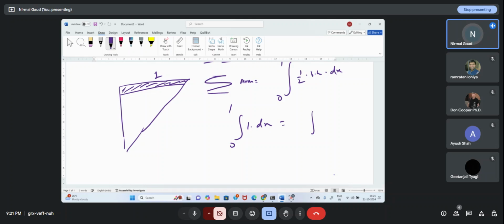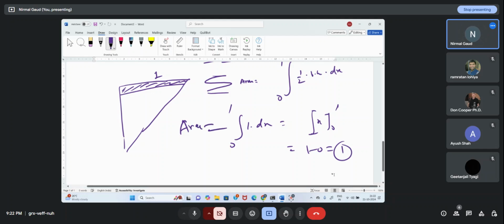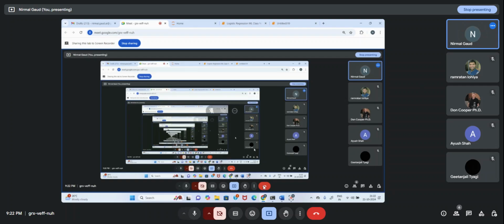Integration of dx will become x from 0 to 1, and it will be 1 minus 0 equal to 1. So therefore the area is 1. This is how you calculate the area, by using integration. They haven't mentioned any formula, but according to my knowledge, I'm explaining this. Got it? So we can calculate TPR and FPR also. Okay, fine. Let me stop it now.